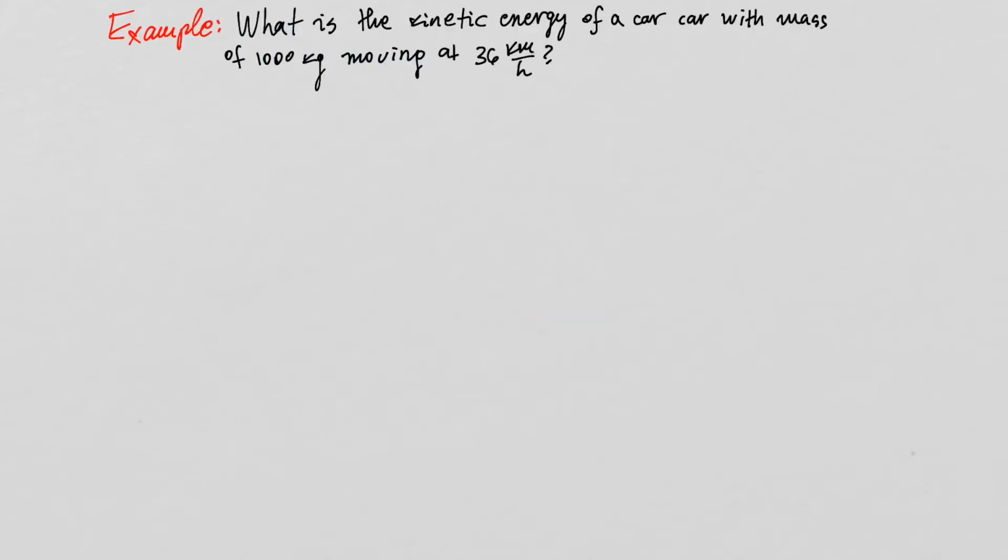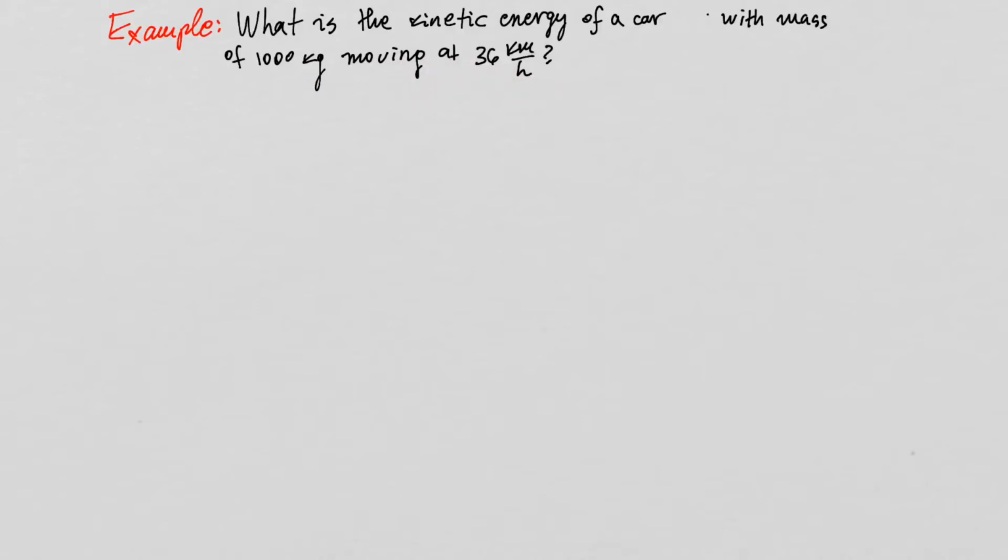Let's do 2 examples that illustrate the use of the formula and the definition of kinetic energy. What is the kinetic energy of a car with mass of 1,000 kilograms moving at 36 kilometers per hour?